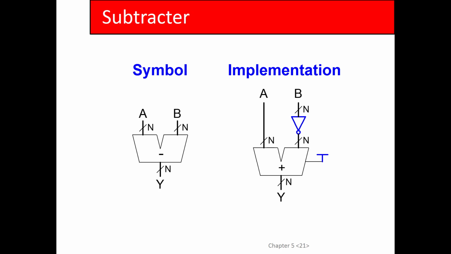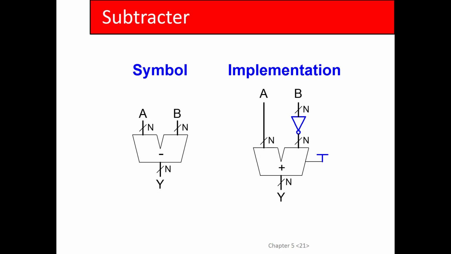But here's the problem. There are 2 adders here. Do we need 2 adders to make a subtractor? No. You can use the associative property of addition. The associative property says A plus not B, I could put parentheses around that and then add 1.